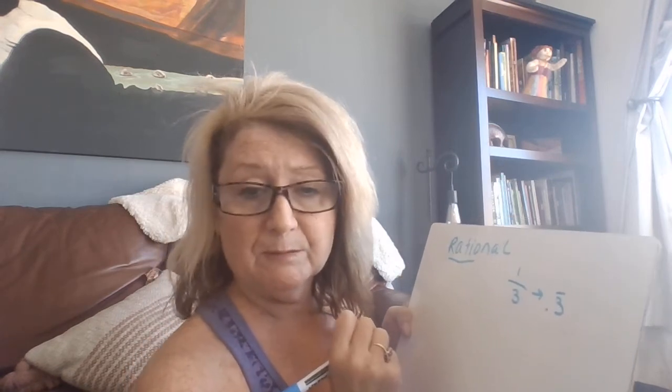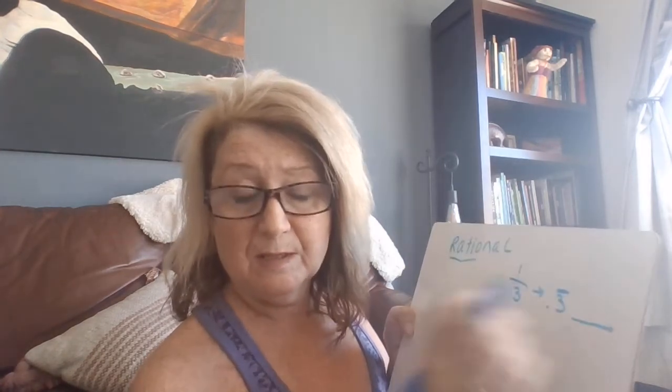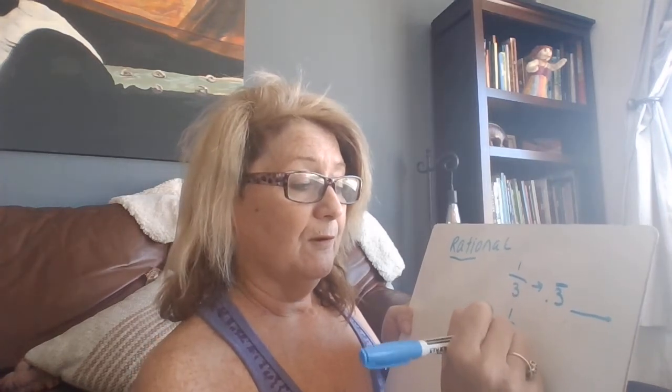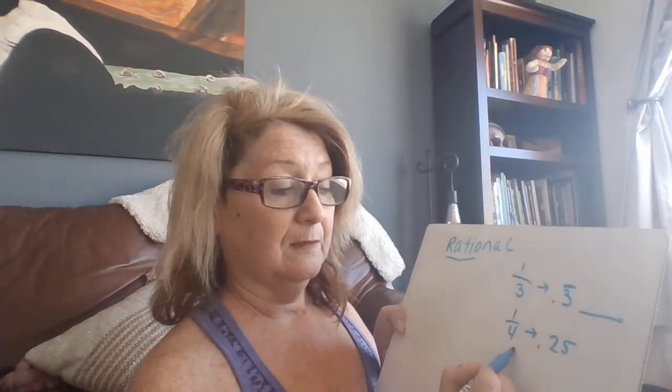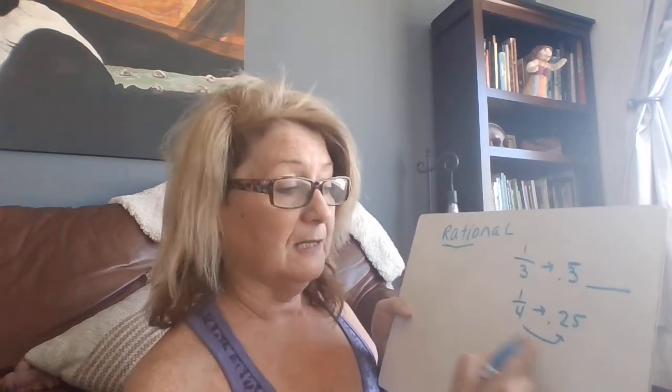So even if I have 1/3, it will be 0.3 repeating, right? You've got that idea, and in that repeating bit, it terminates in that it repeats. Or if I have 1/4, it'll be 0.25, right? So it terminates in that 5, it stops. It doesn't go on and on and keep changing numbers.